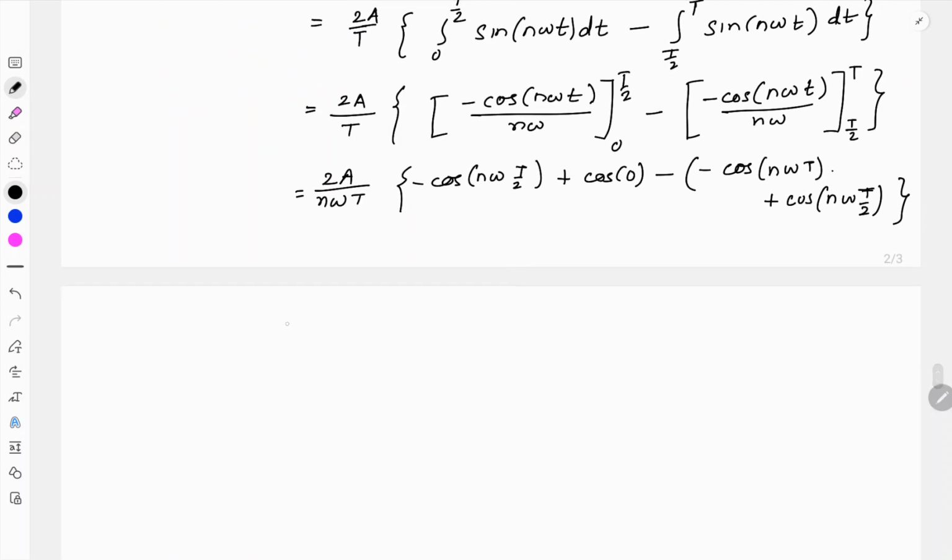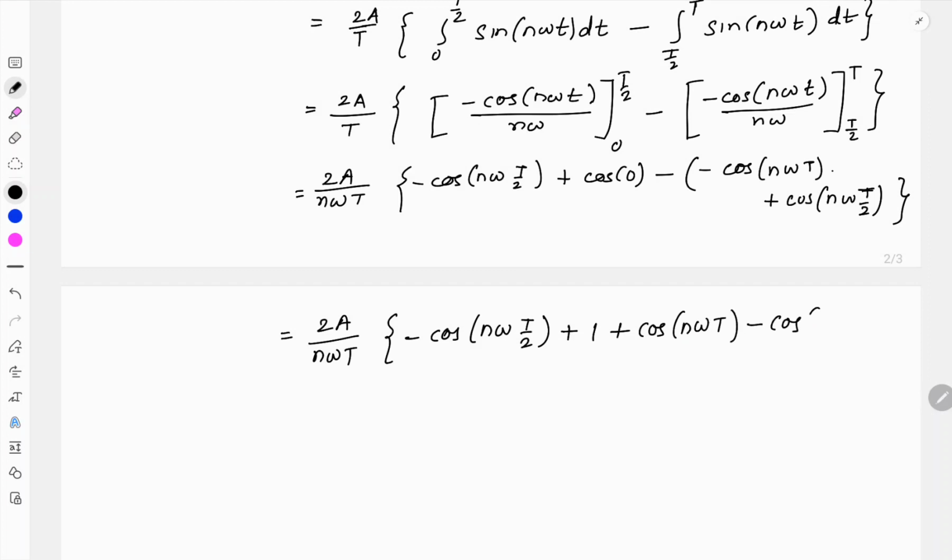So this completes our upper limit minus lower limit. So let us simplify it further now. So here we have 2a upon n omega t, so minus cos of n omega t by 2 plus cos 0 is 1, so minus minus becomes plus cos of n omega t minus cos of n omega t by 2.